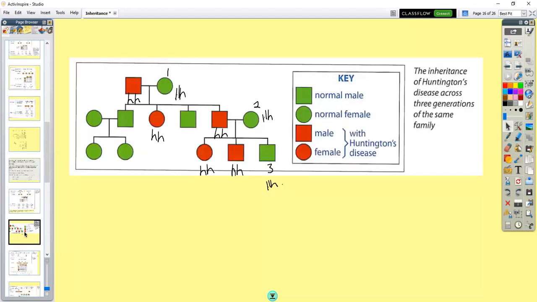Okay, that leads on a little bit to pedigree diagrams. Pedigree diagrams are a bit like family trees. The squares here are males, the females are circles. Where the square and the circle are joined with a horizontal line, that shows that they are married or have had kids together. The next generation below shows the kids that they've had.